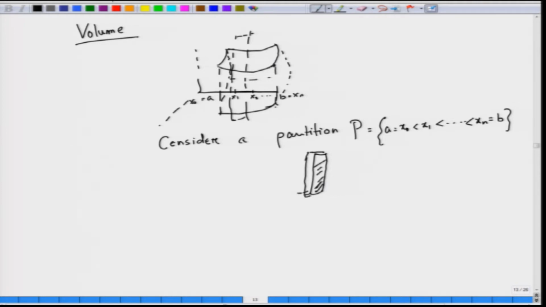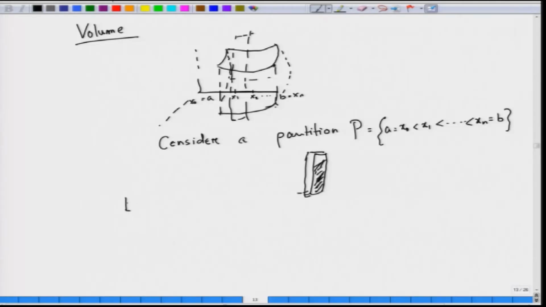Now, you find the area of this surface. There is a certain thickness. So, slice, slice, slice. If you find the area of this surface, which is a two dimensional thing, essentially it is the area bounded by these two curves. This is the region, and we know how to find the area.